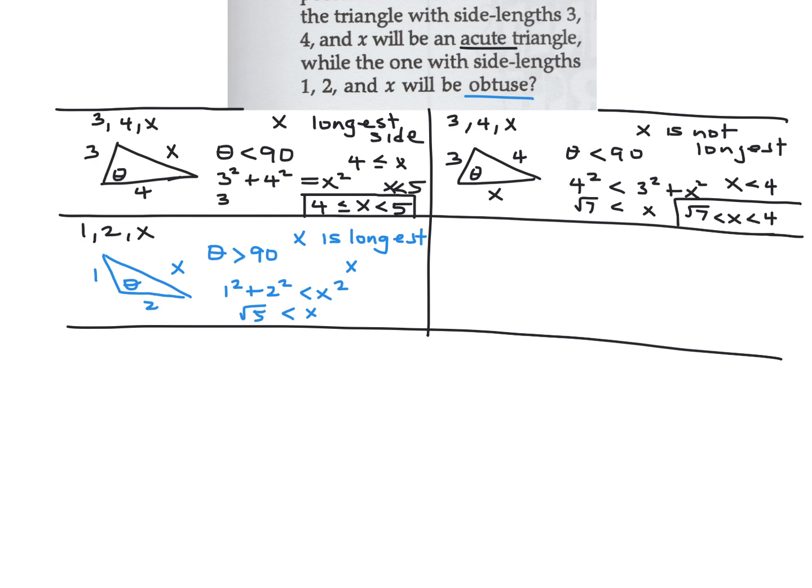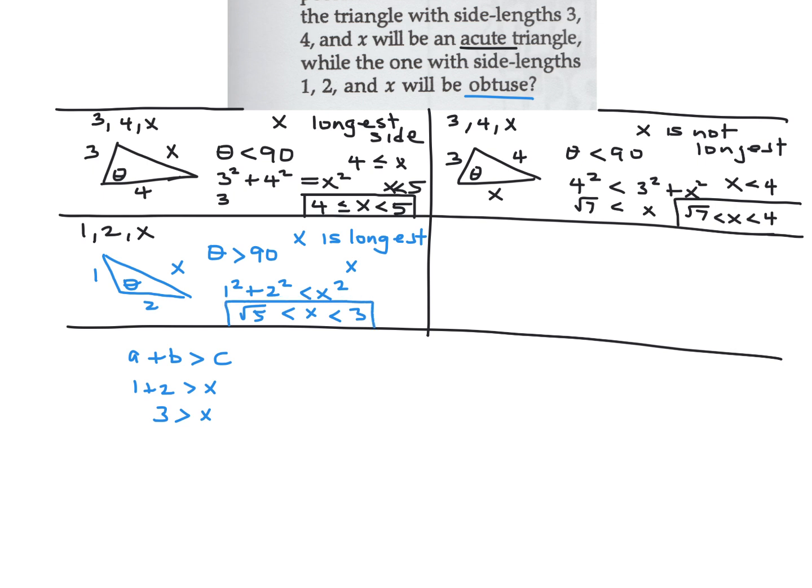The triangle inequality. The maximum x can be is 3. So it's got to be less than 3, right? Because remember the triangle inequality that a plus b has to be greater than c? So 1 plus 2 has to be greater than x. So x has to be less than 3. Okay, I was wondering how do I figure out the other boundary. Okay, so there we go.